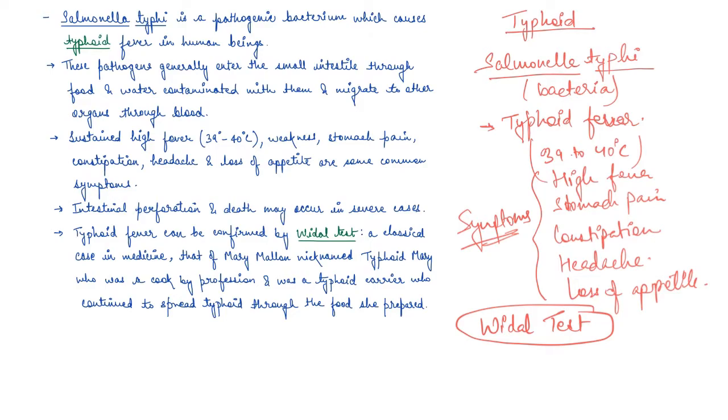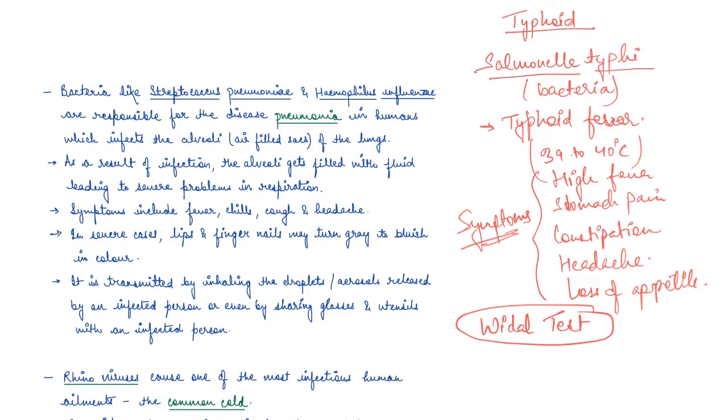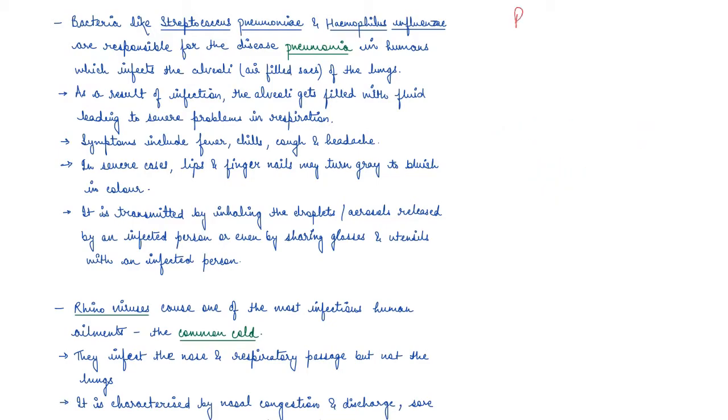Again, a very common but a very major disease in developing countries. So what exactly pneumonia is, we'll see that as well, right? So the disease is pneumonia. It is caused by again a bacteria.